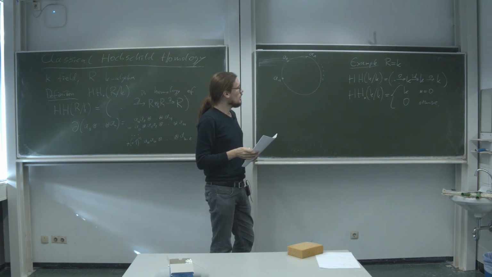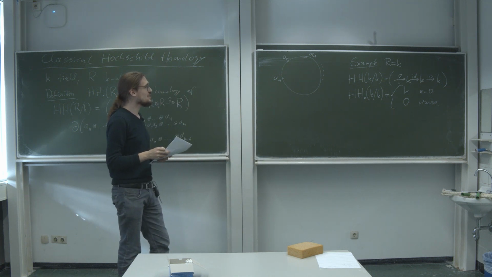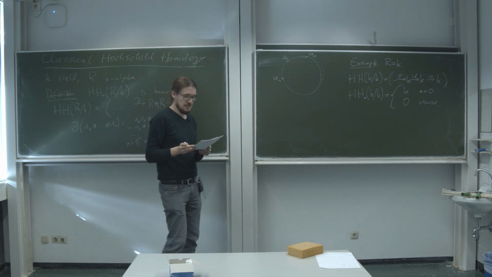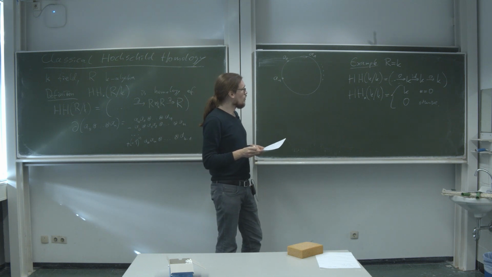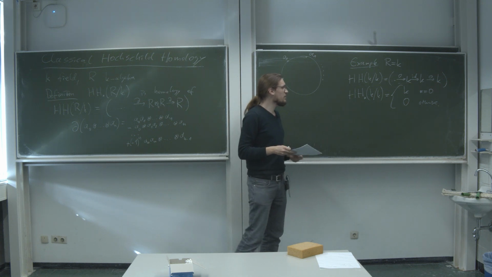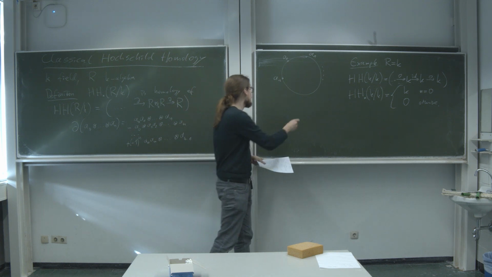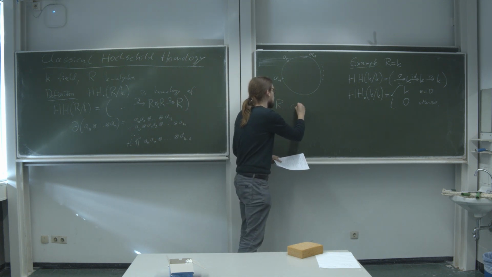All right. So, of course, we also want to understand what happens for more interesting algebras. And there, it will, in general, be hard to say things about the entire thing, but we can still say some things about low degrees. And so let's focus on the case where R is commutative.